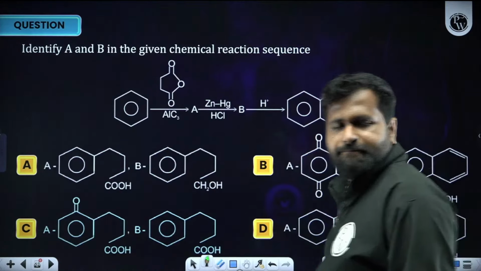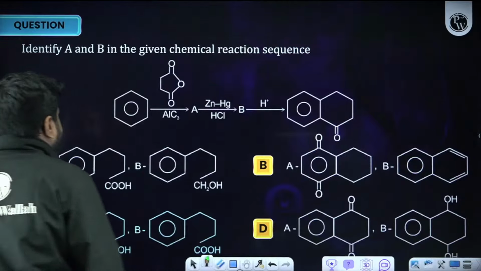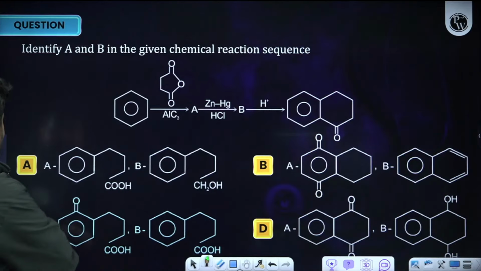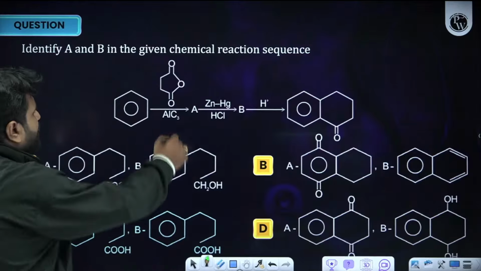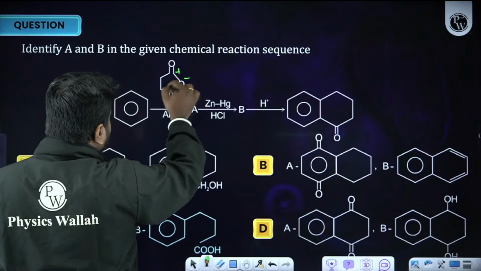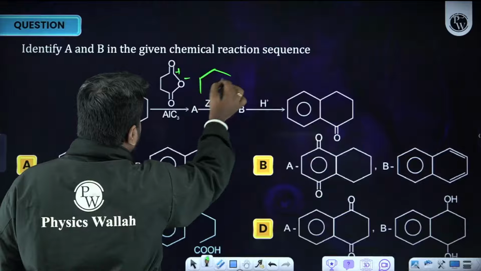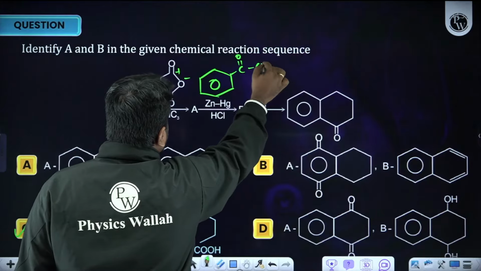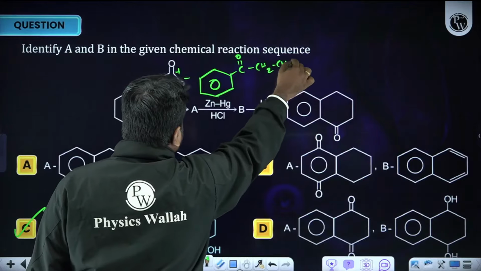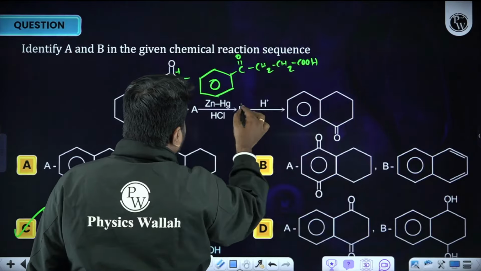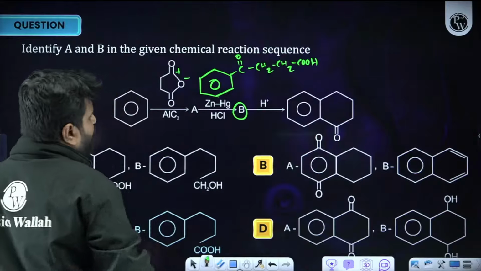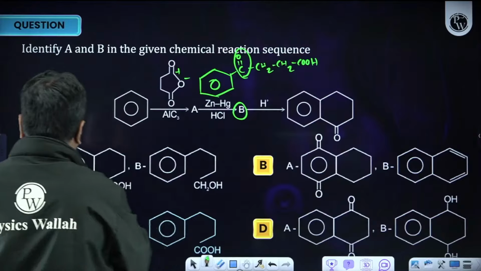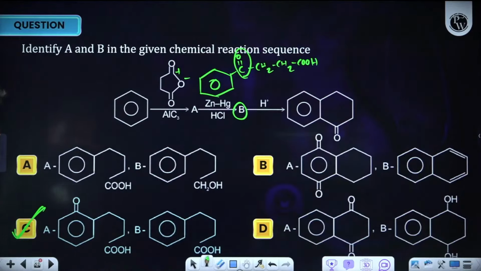Automatically, the correct answer is option C. How? If I take here positive charge, minus charge, then A will be C double bond O, CH2, CH2, COOH. Then for B, I am doing reduction. So automatically what will I have? This C double bond O will change into CH2. So, option C will be the correct answer.